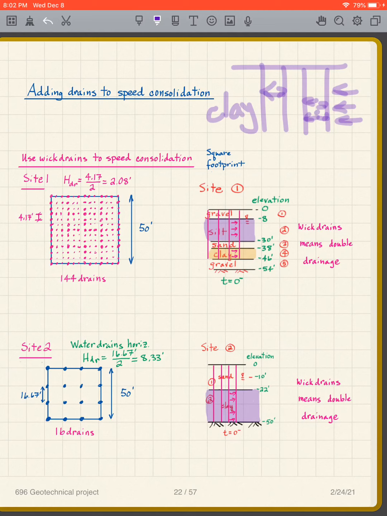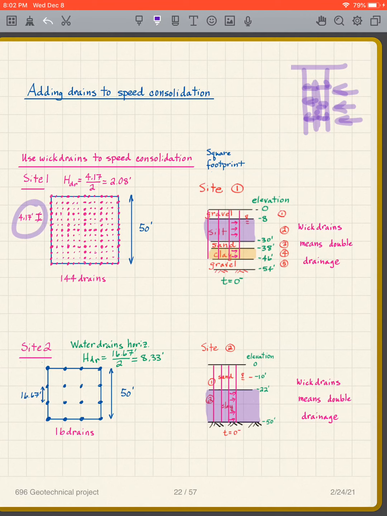HDR stands for the largest distance that a particle of water has to move to be able to get into a drain. And in this particular case, you can see that it would be half the distance between the drains, because the largest distance would be a particle of water here, and it would have to go either that distance or that distance.